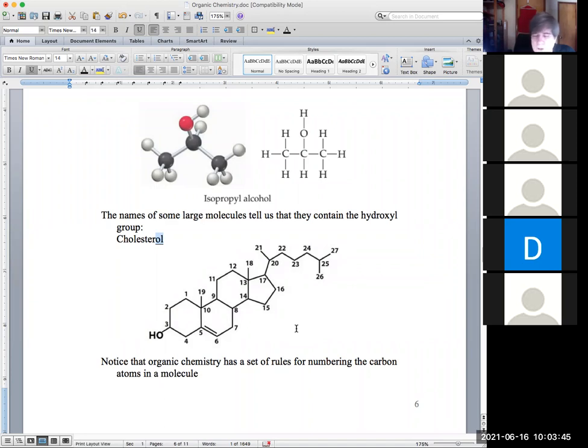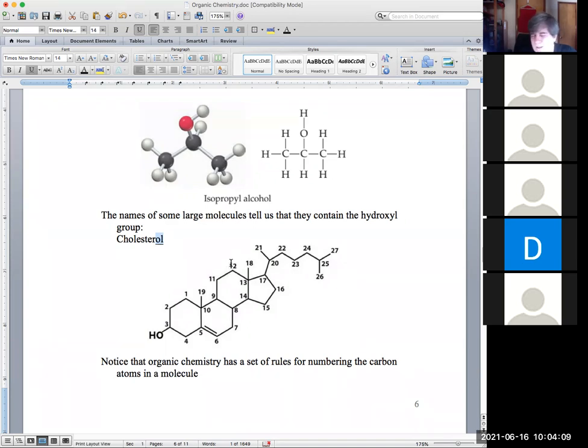And one of the things you do with the cholesterol in your body is you use it to make lots of other molecules. Now, when you make those other molecules, you might add an OH group, a hydroxyl group, or you might add a carbonyl group, a double bonded oxygen. But it makes a difference when you add an OH group.